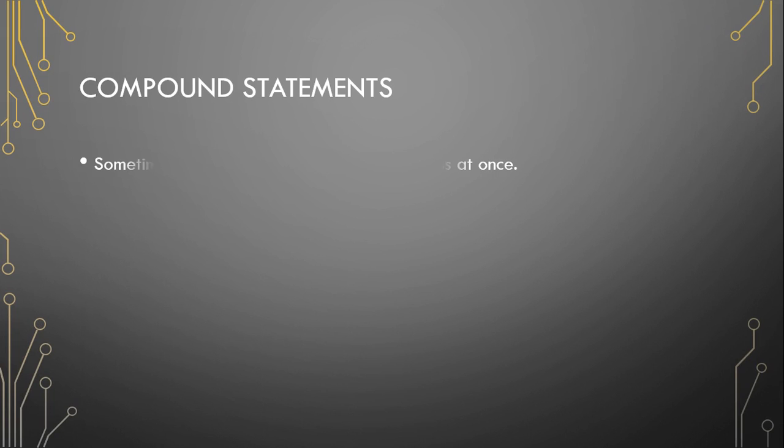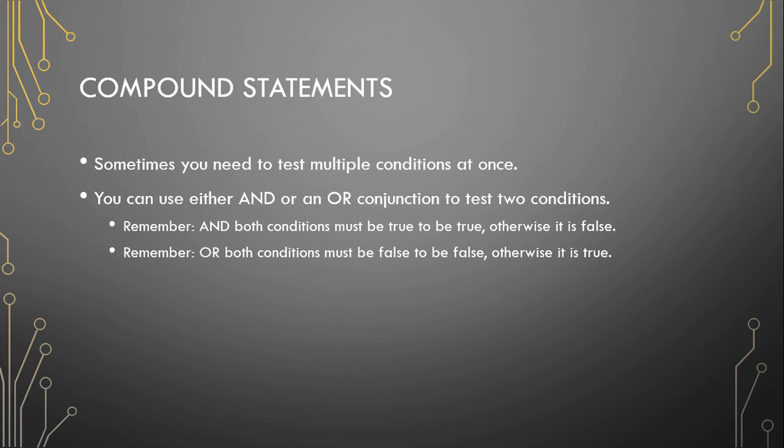We also have compound statements. Sometimes we need to test multiple conditions at once. So you can use either and or or conjunctions in order to test those two conditions. Remember, when you have an and compound statement, both your conditions have to be true in order for it to be true. Otherwise, it's false.